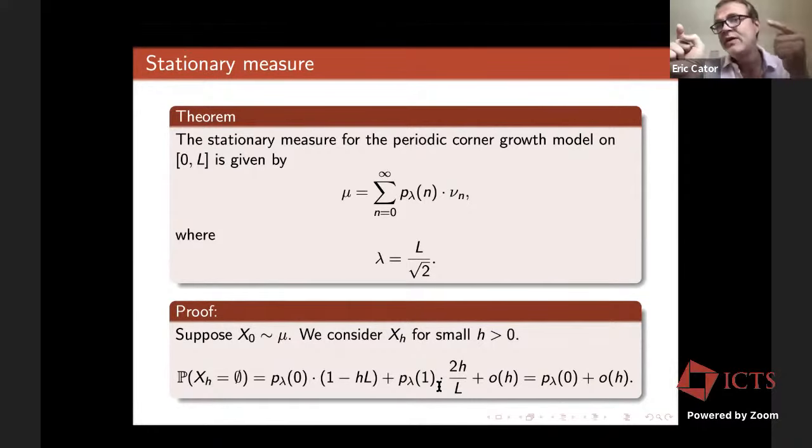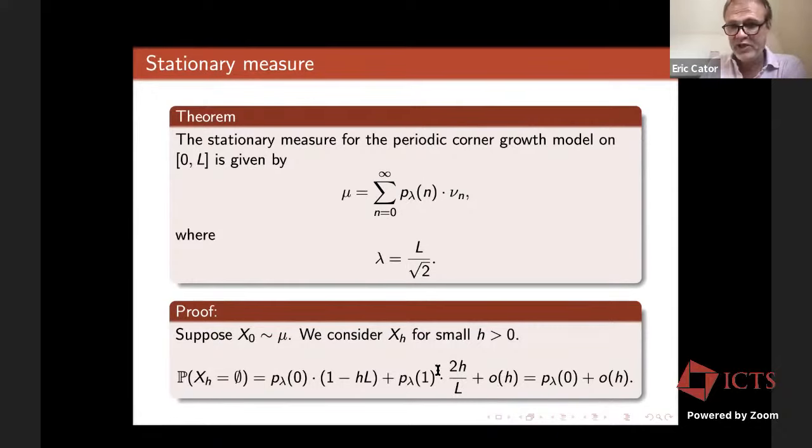And since positive is moving to the right at unit speed and negative to the left, within time h, they can bridge this distance 2h and they will be annihilated. So the probability of finding the negative particle within 2h of the positive one is 2h over L.